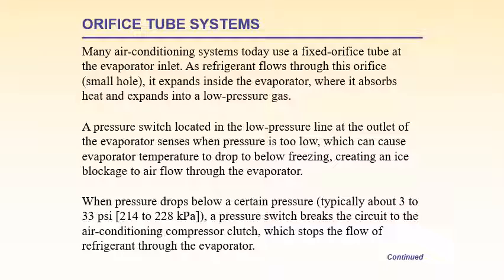Whenever the pressure falls below a particular value, the pressure switch opens the circuit and stops the flow of refrigerant into the evaporator. And whenever the pressure increases to the normal value, the pressure switch closes and allows the refrigerant to flow into the evaporator.